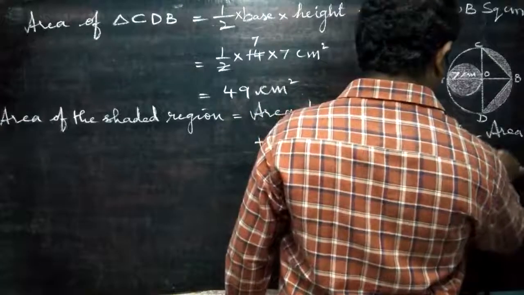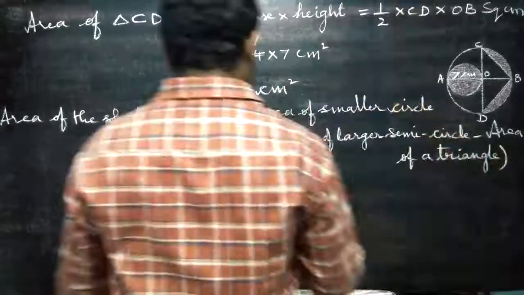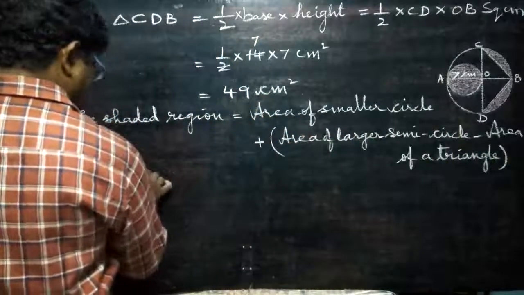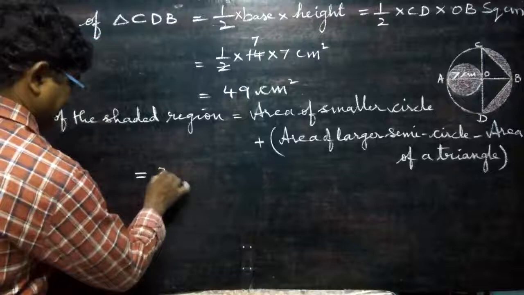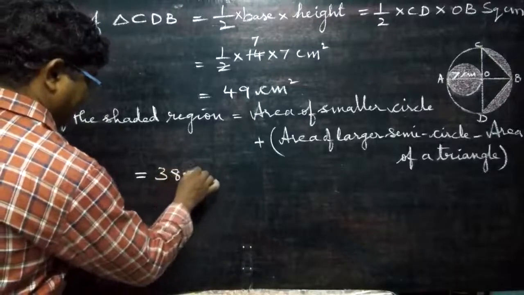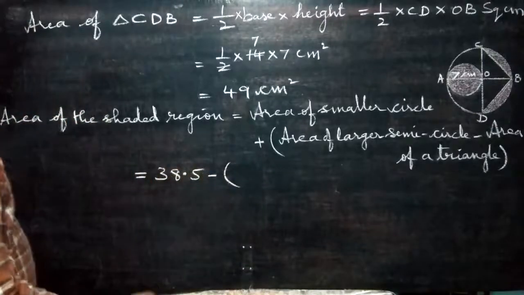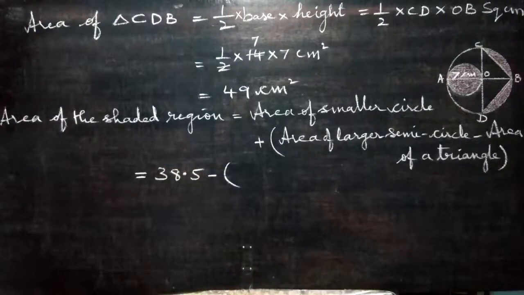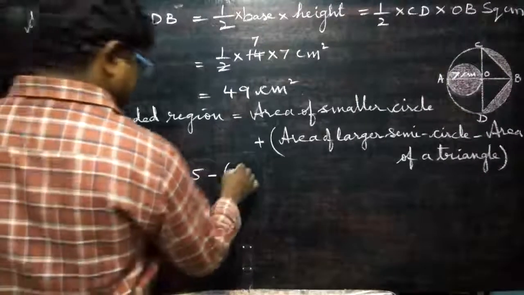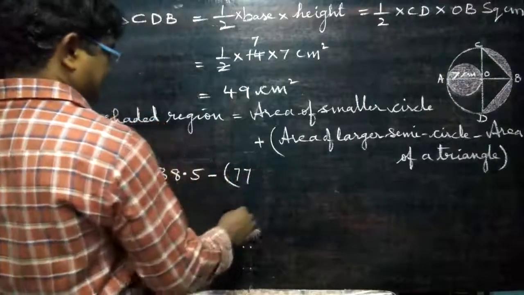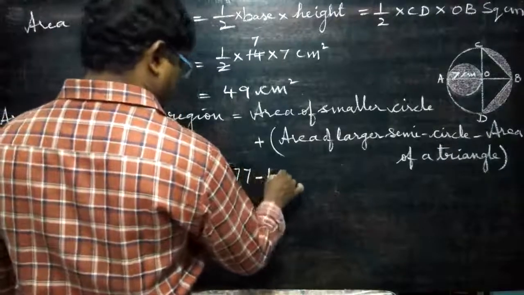This much you have to do. So that is equal to how much you got? Area of a smaller circle 38.5 plus area of semicircle 77 minus 49.